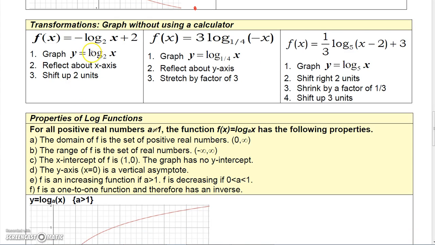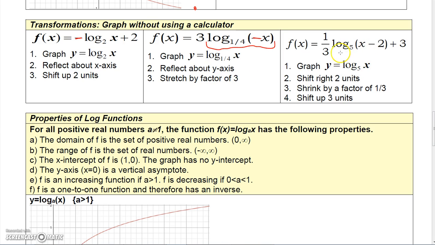Okay, so just like I told you before, if you know how to graph the log of x base 2, then you can graph this. The minus here just flips that log around the x-axis, and then the +2 just shifts it up 2 units. Here, if you know how to graph log of x base 1/4, you can graph this. When you replace x with -x, it just flips it around the y-axis, and then the 3 stretches it by a factor of 3.